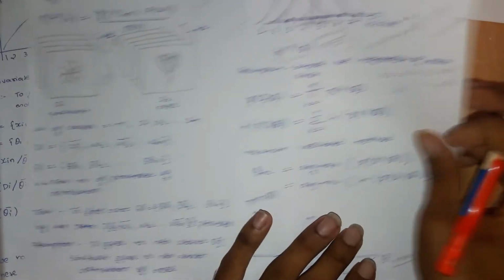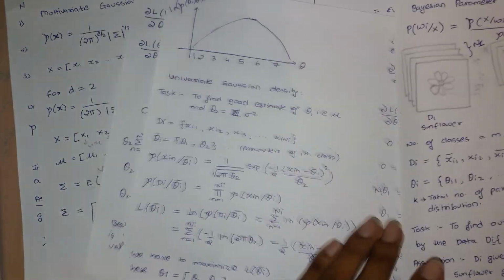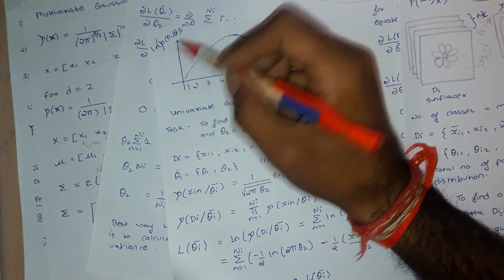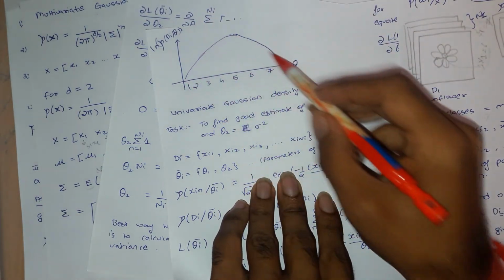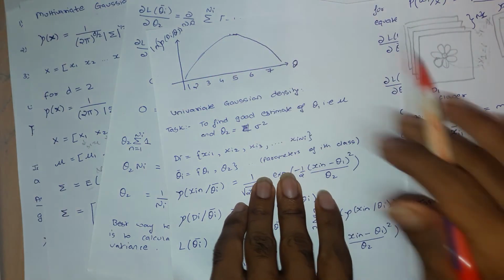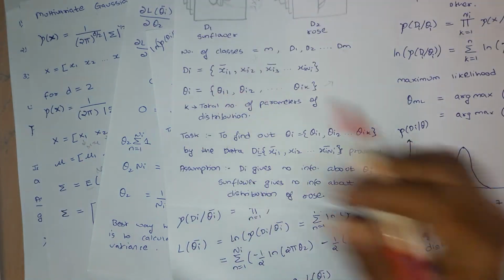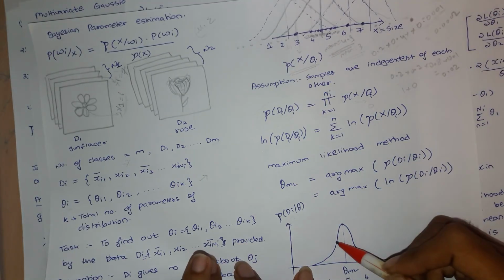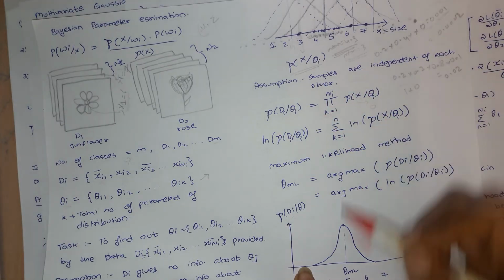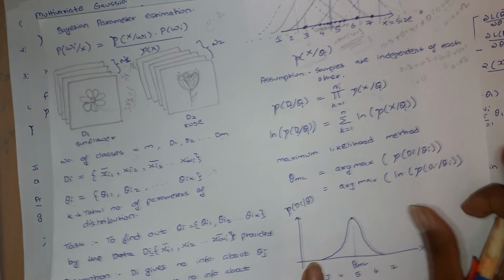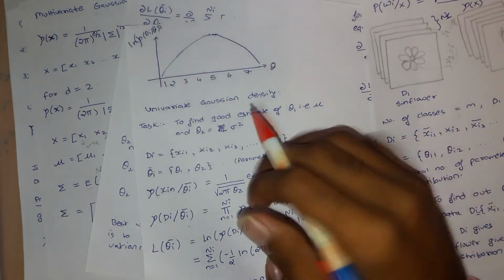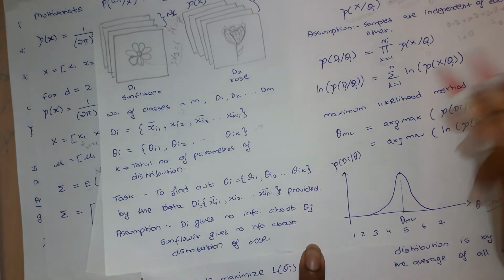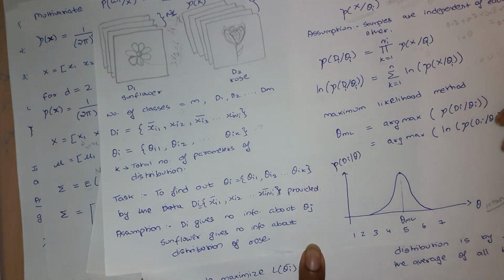Let me show you how that graph looks. If I plot theta with respect to log of probability of di given theta, I'll get this sort of graph. Here you can see that I am getting low values, just because if something tends to 0, then the whole function will tend to 0, as I am taking a product. So we are getting a curve like this. But here, if something is tending to 0, the function will not tend to 0. It will just ignore that, because 1 plus 0 is just 1, it is just ignoring the 0.